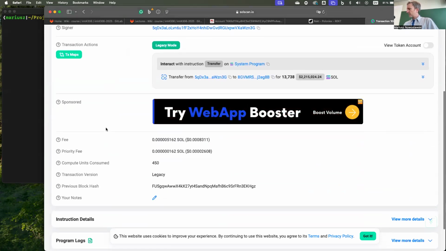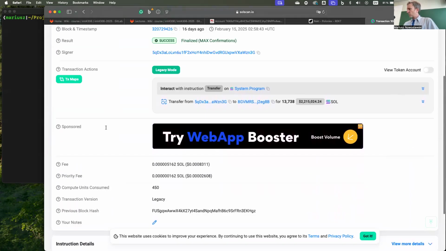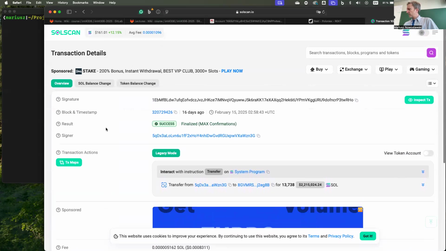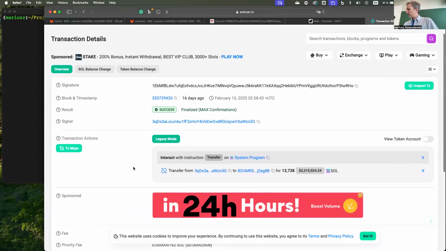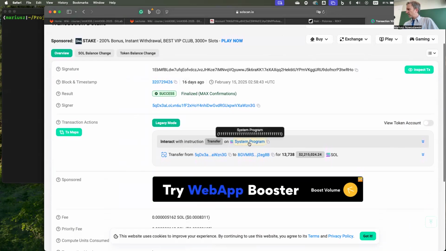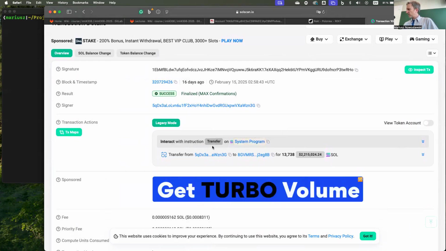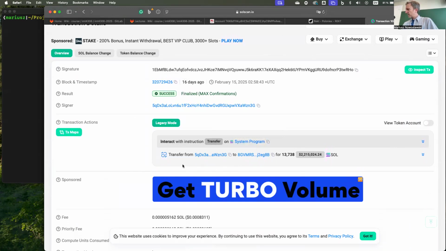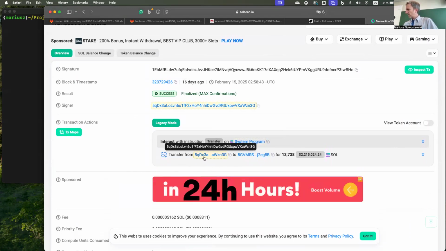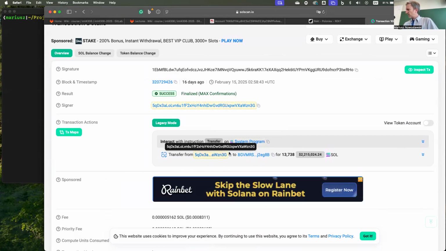What was the question? It happened 16 days ago. So there is a transaction and it interacts with the system program. So it's just a transfer, from this account to here.